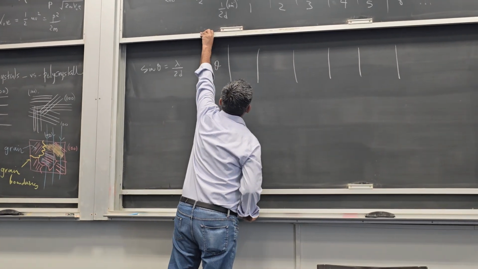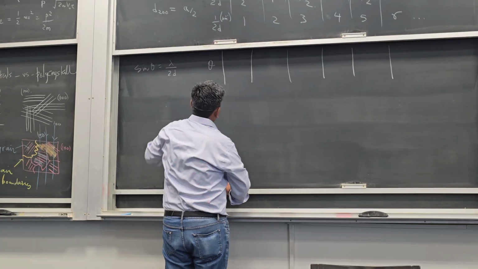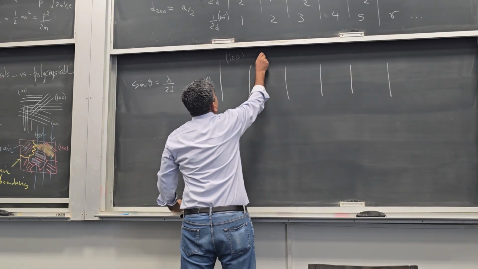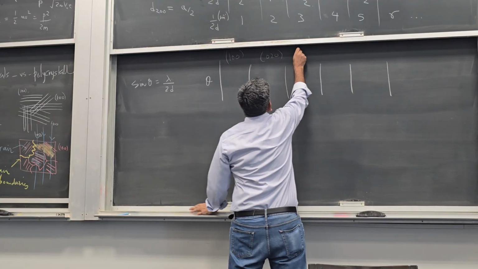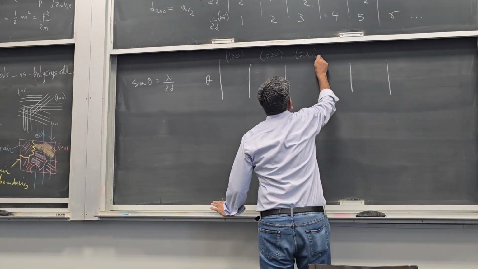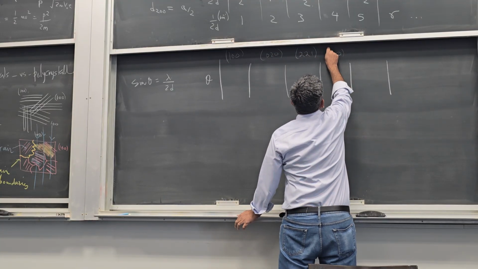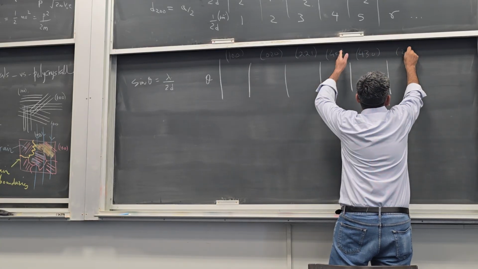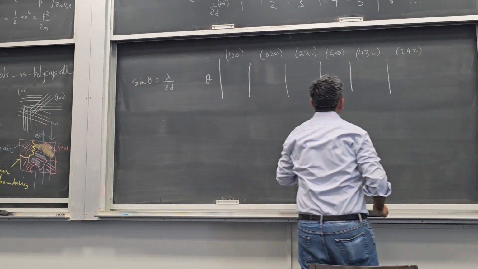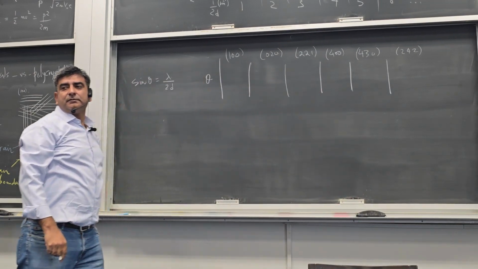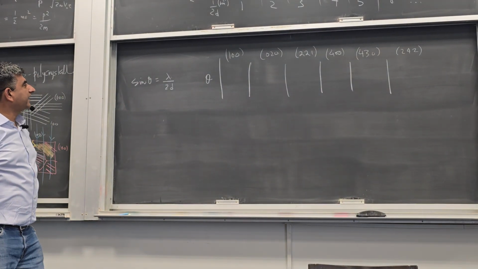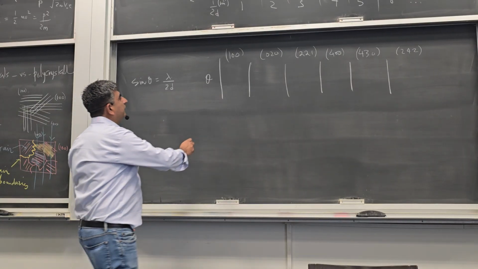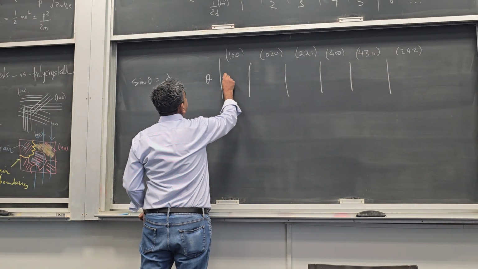So if I write down the planes here again, this is the 1, 0, 0 plane, 0, 2, 0 plane, 2, 2, 1 plane, 4, 0, 0 plane, 4, 3, 0 plane, and the 2, 4, 2 plane.